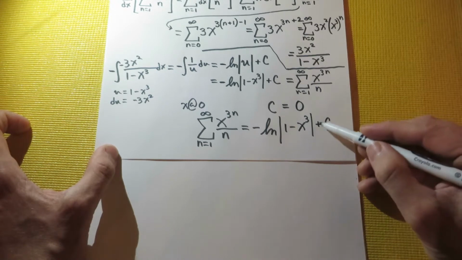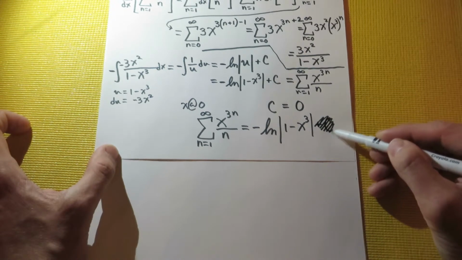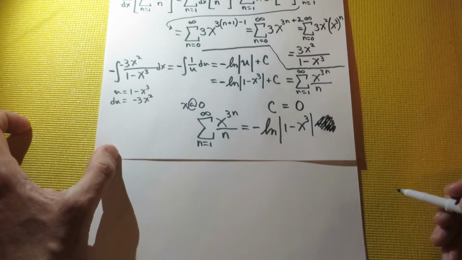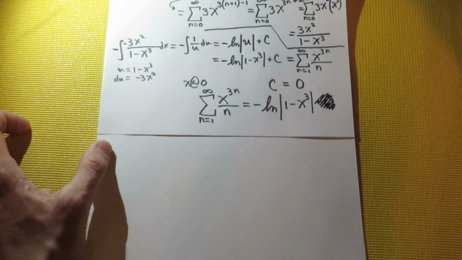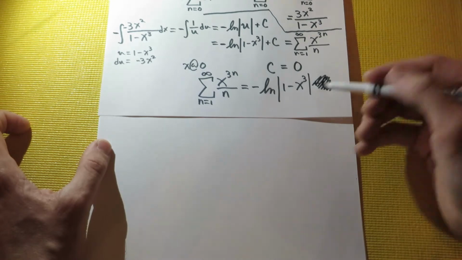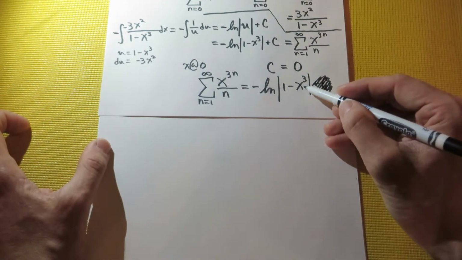Oh, I'm sorry. We established that c equals 0. I was just blindly copying. You have to be careful about that. So it equals the negative natural log of the absolute value of 1 minus x cubed.